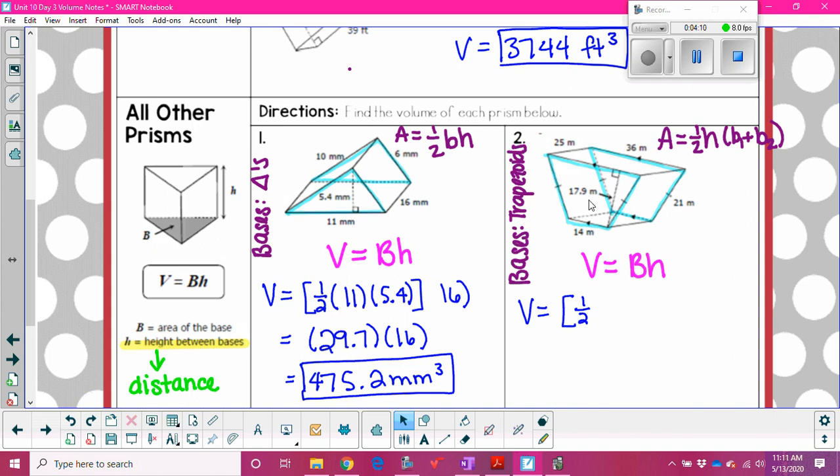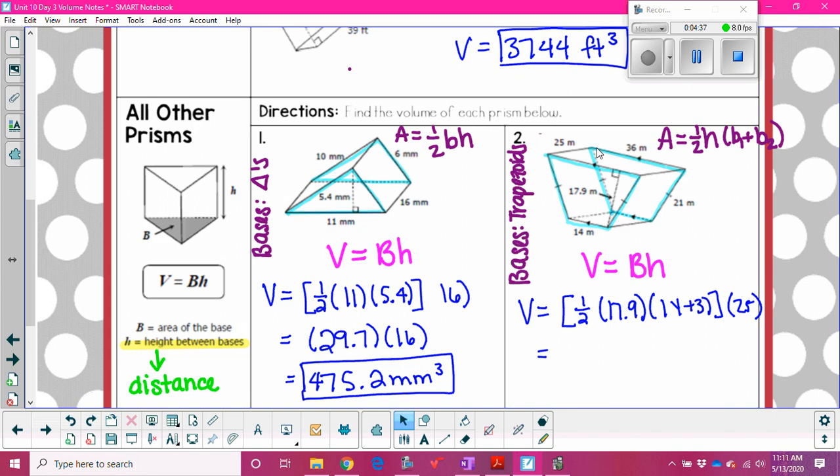So the height of our trapezoid is 17.9, times the sum of the bases. The bases here, this is 14 and this one is 36, the same as that one. So 14 and 36. I'm just going to plug that in here. And then the height of our prism is just the distance from one base to the other, which here is 25.